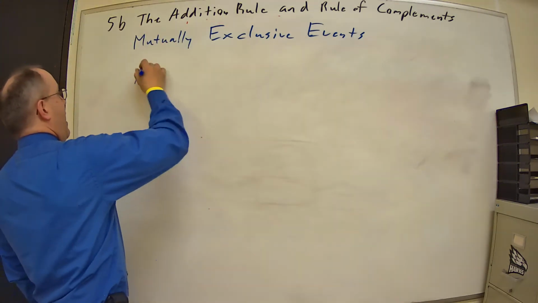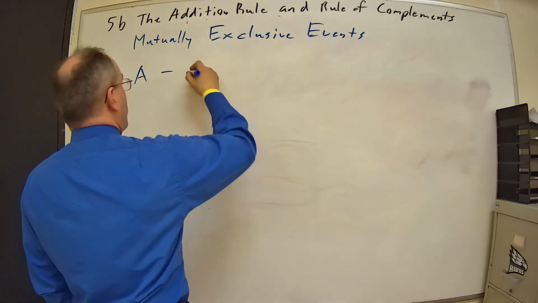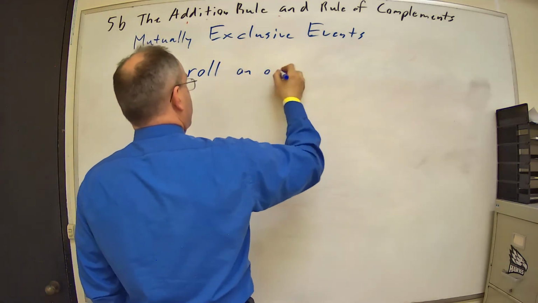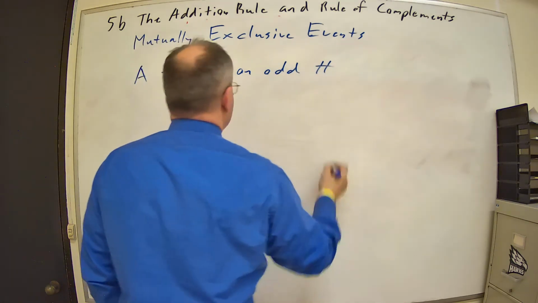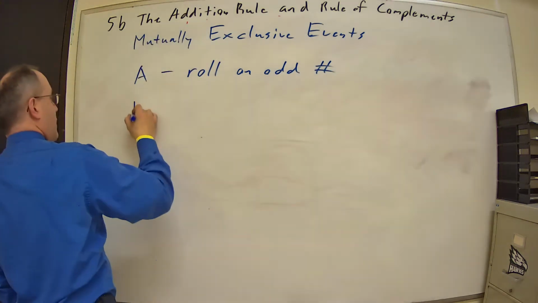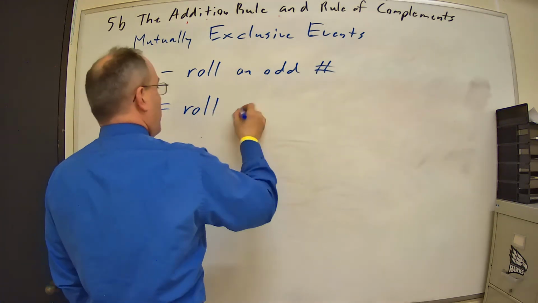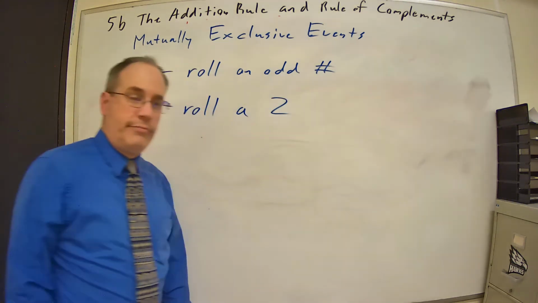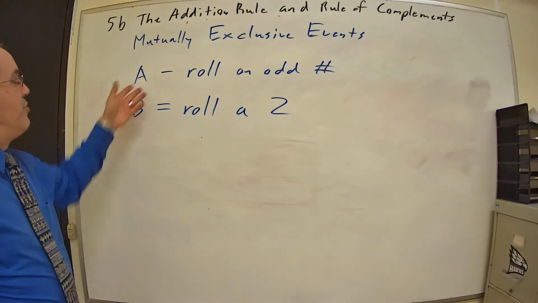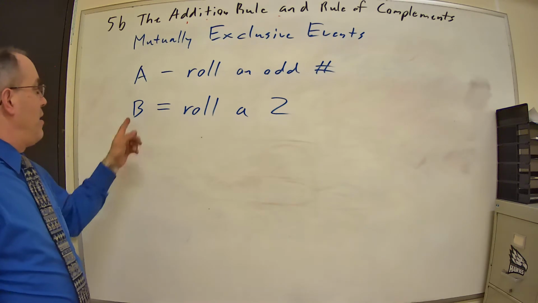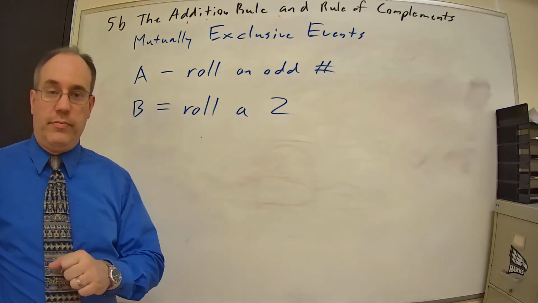Let's say event A is we roll an odd number. Event B is that we roll a 2. So we've got two events, rolling an odd number and rolling a 2.